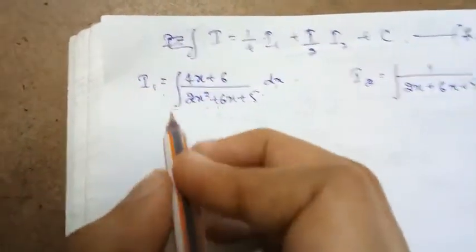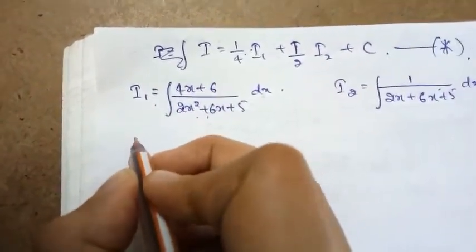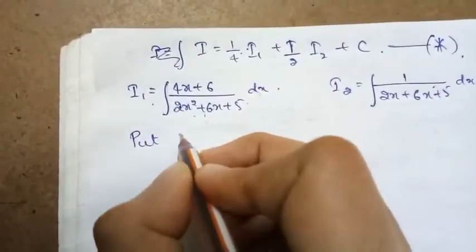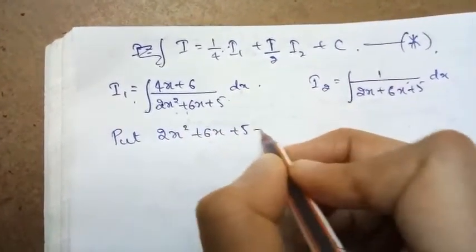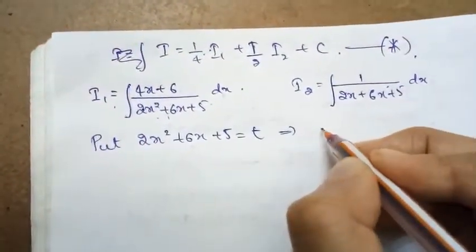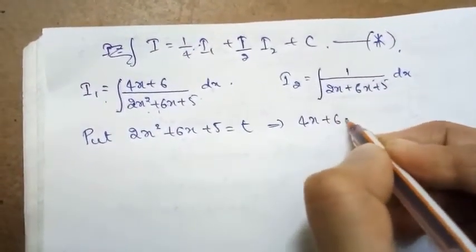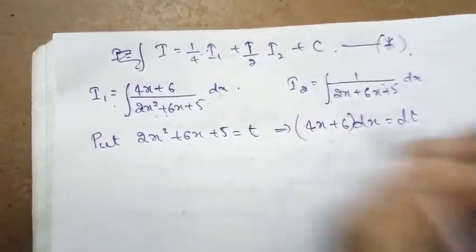So to get the integral of this one, I am taking, put 2x square plus 6x plus 5 is equal to t. If I differentiate this one with respect to x, what I am going to get, 4x plus 6 into dx is equal to dt. So this is what I am going to get.